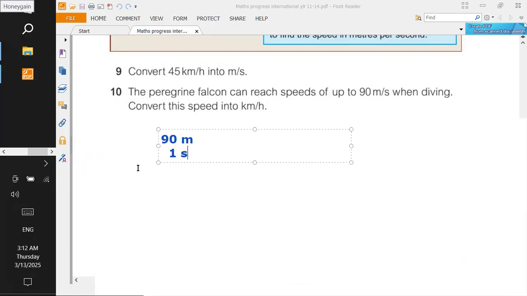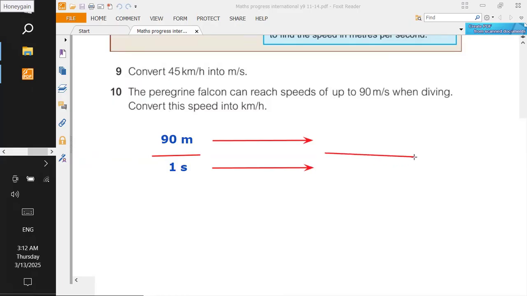That's how you write it, okay? 90 meters per 1 second. I need to convert this into kilometers per hour. So basically, I need to convert the meters to kilometers and the seconds to hours, because I need it written as kilometers per hour.